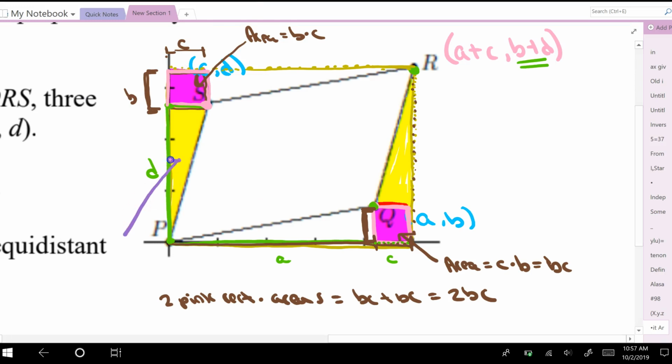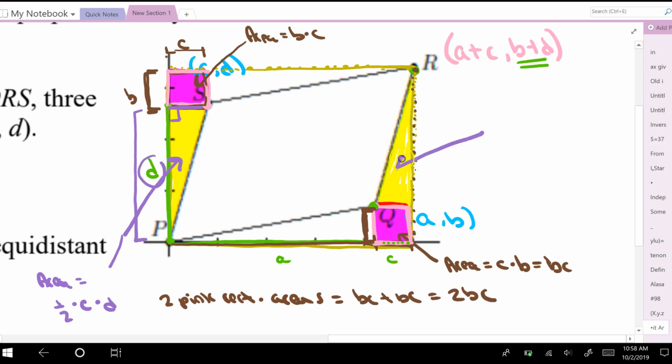This triangle I know is 1/2 base times height, but I know that that area is 1/2 times, because this is a 90-degree angle, right? I know the base here is C times, and then what's this distance here again? Oh, I have it labeled right there. It's 1/2 times C times D. That's the area of that yellow triangle.